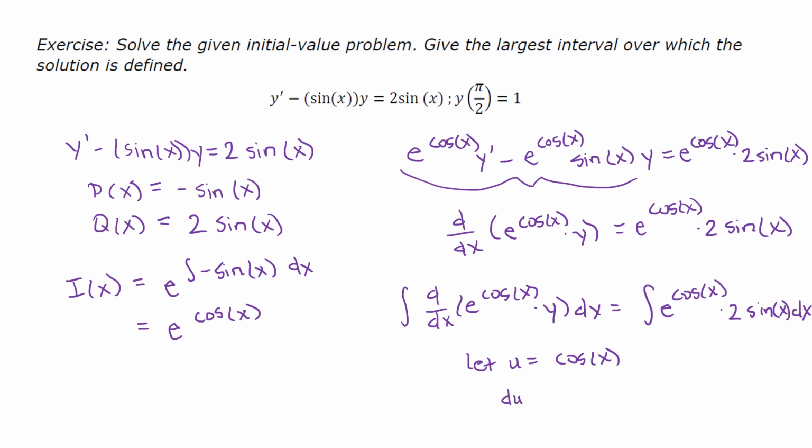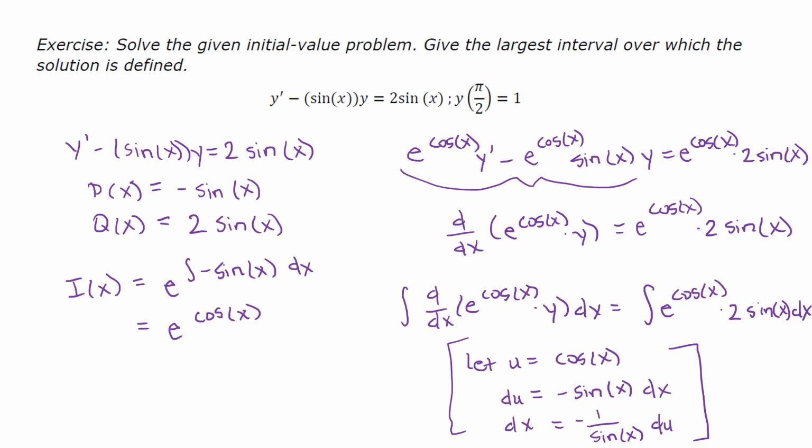So du equals negative sine x dx. So we know then that dx will equal 1 over negative sine of x du, which we can then substitute into our integration.